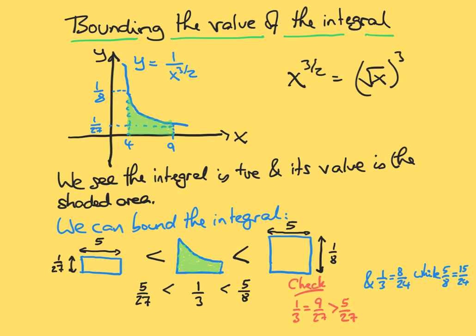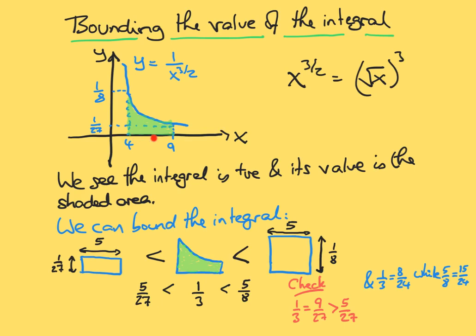Now, calculating this area requires the use of calculus, the thing we've just done, but we can bound the integral in the following way. If I were to integrate 1 over 8 from 4 to 9, I would get the area of a rectangle of height 1 over 8 and base 5. And I've tried to sketch that here.